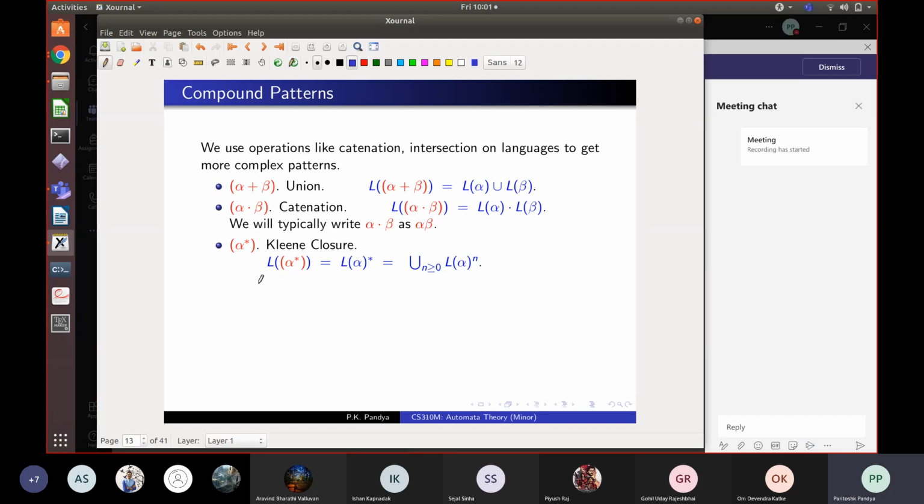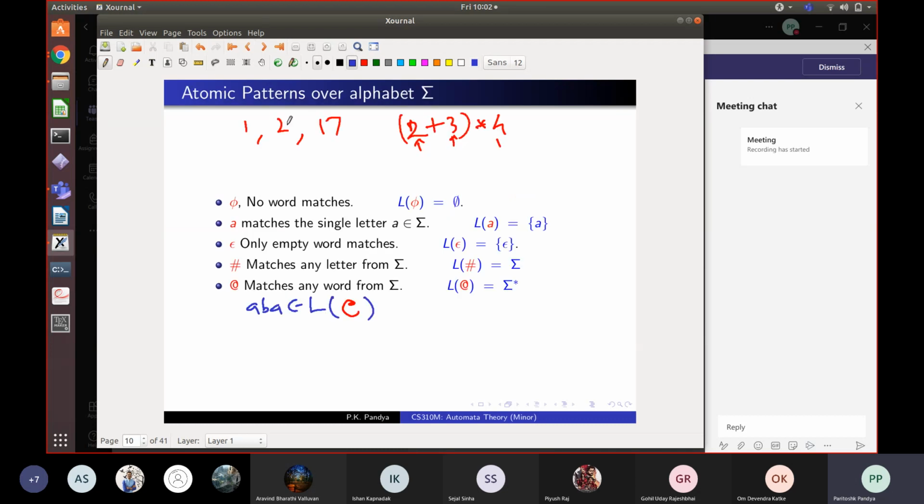And in this Kleene closure, for example, we had a basic pattern A. What was its language? Can anybody tell me what was its language? What set of words will be in it? What is the language of a pattern A, atomic pattern A?